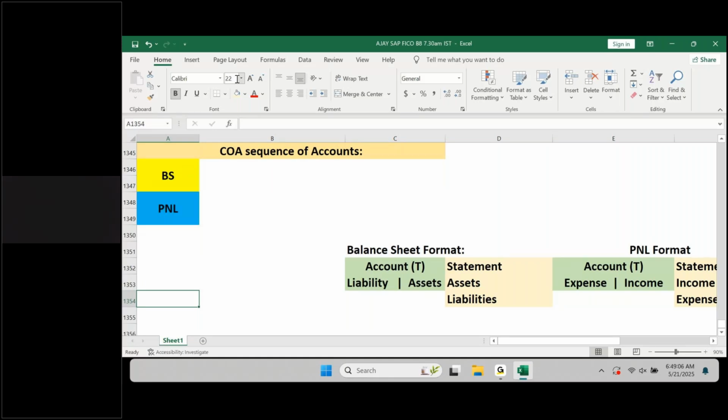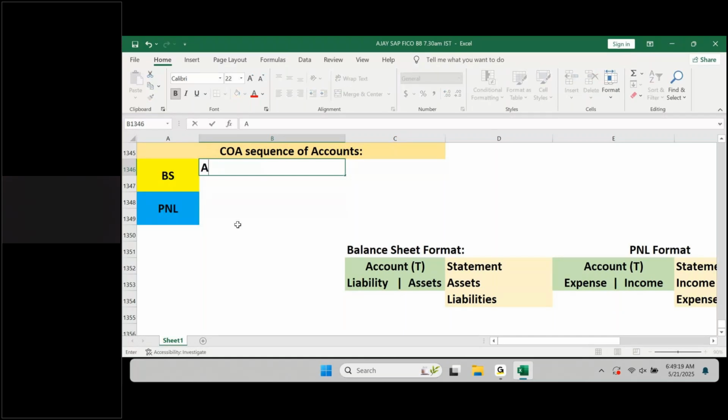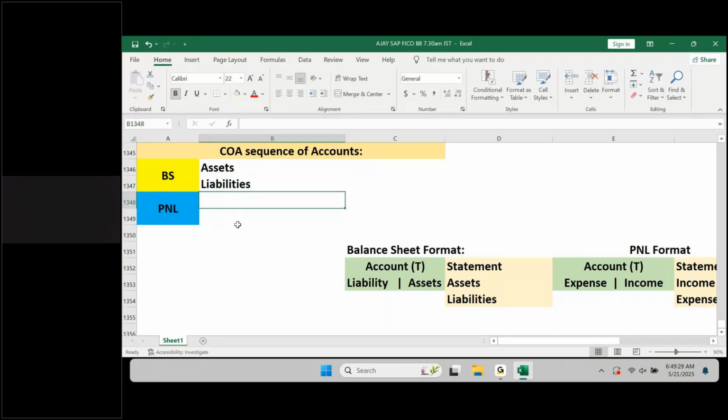In the statement format, in my balance sheet, first I need to write assets, second liabilities. In my P&L, first I need to write income, and then expense.